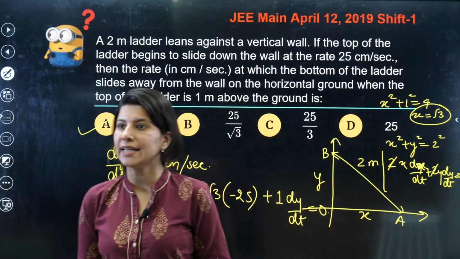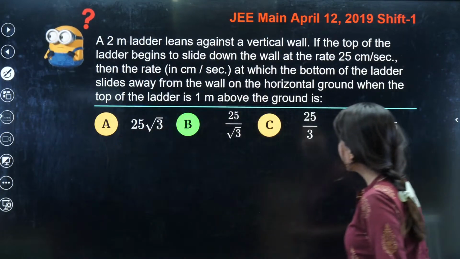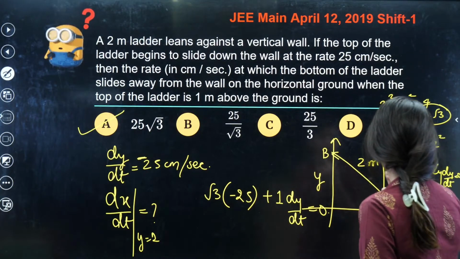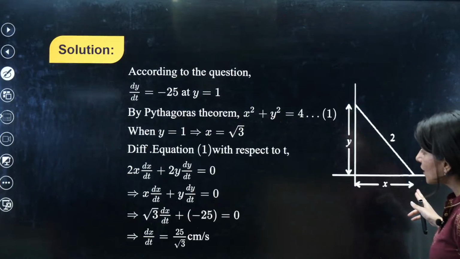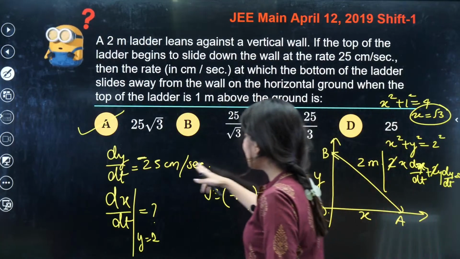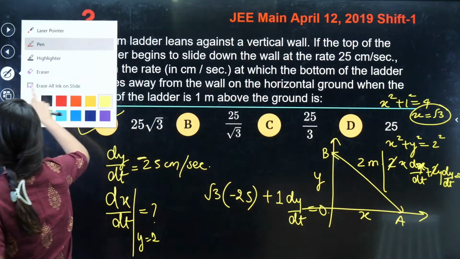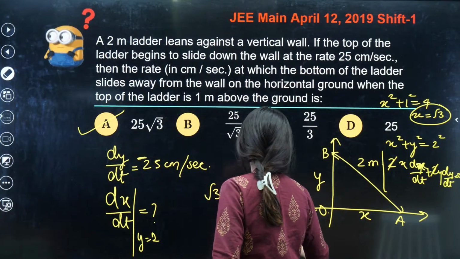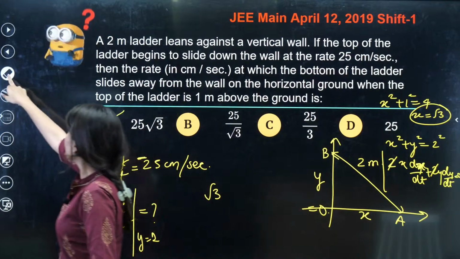Okay, Sanjay, you are saying it's 25 by root 3. Let me just check. X is root 3, y is 1. Oh sorry, dy by dt is given and dx by dt is asked. So yes, this is not dy by dt, sorry.